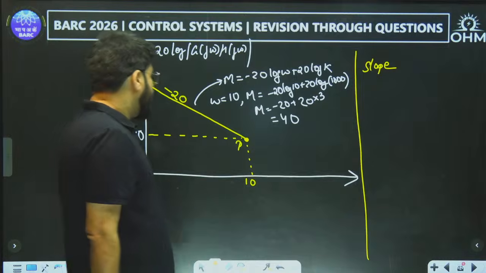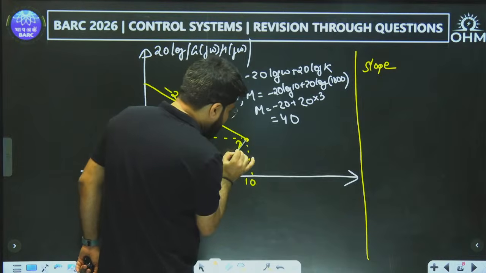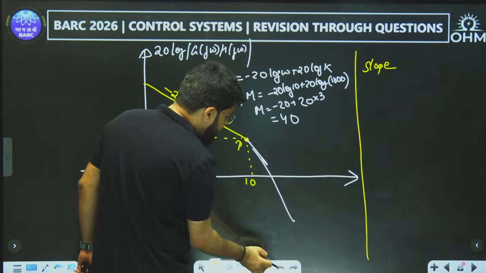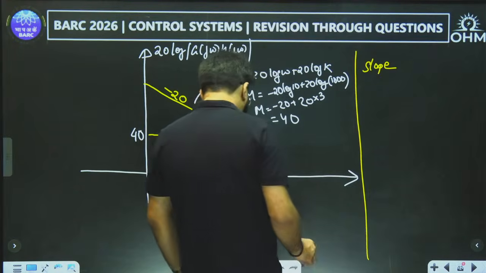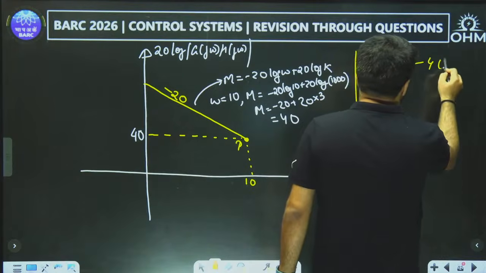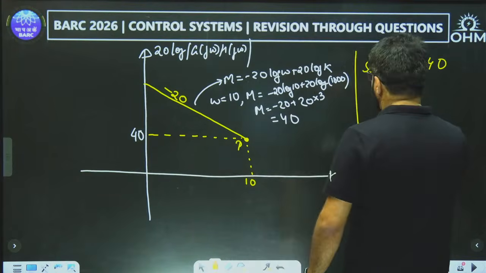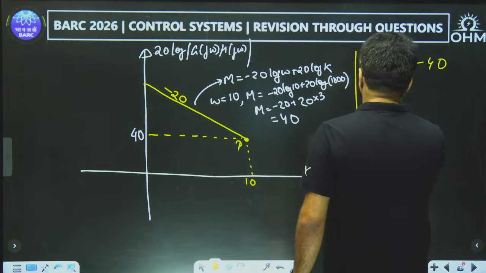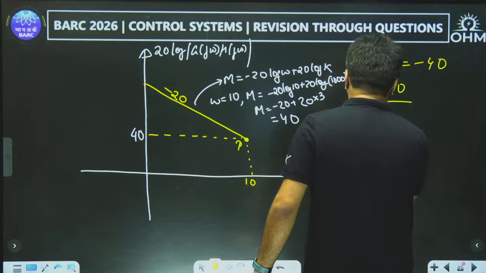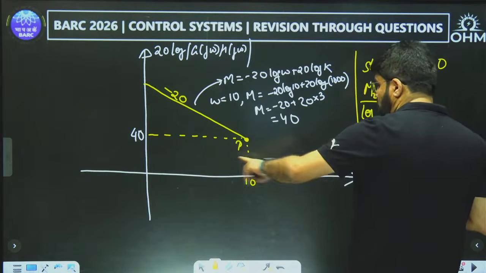Now I will use the slope of the upcoming line. This upcoming line will have a slope of minus 40. Slope is given by change in magnitude with respect to change in log omega.